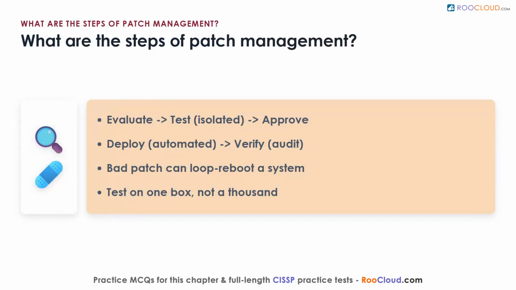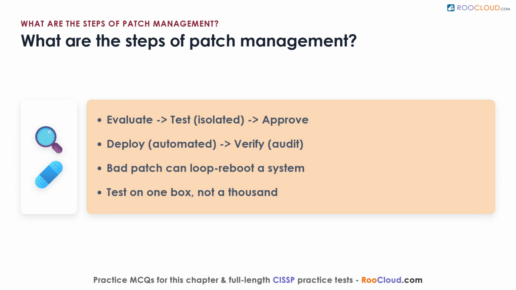What are the steps of good patch management? A disciplined pipeline from release to verification. First, evaluate each patch to see whether it even applies to your systems, since a fix for one platform may be irrelevant to another. Second, test it on an isolated, non-production machine, because a bad patch can send a system into an endless reboot loop, and you would rather learn that on one box than 1,000.